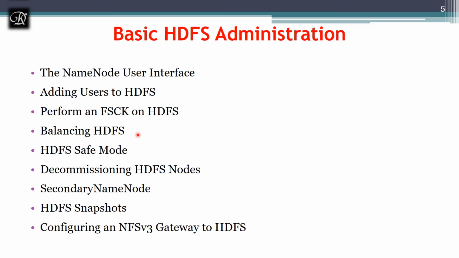To do that, we are going to use the HDFS balancer command, and to set a threshold limit, we are going to use the -threshold option. And with a bandwidth, if you want to set it, use the -setBalancerBandwidth option.